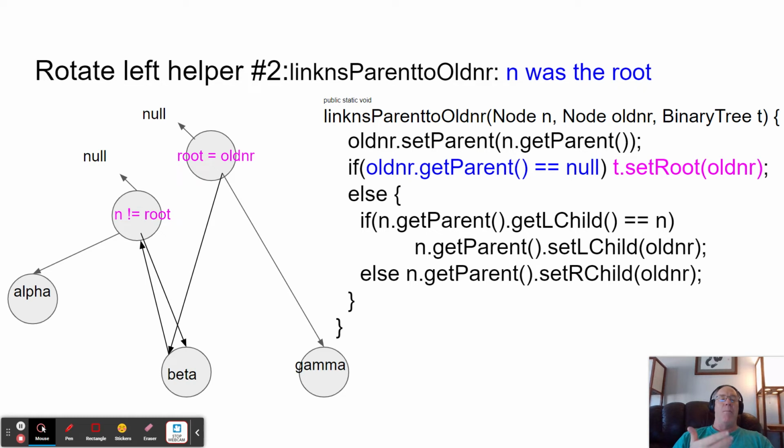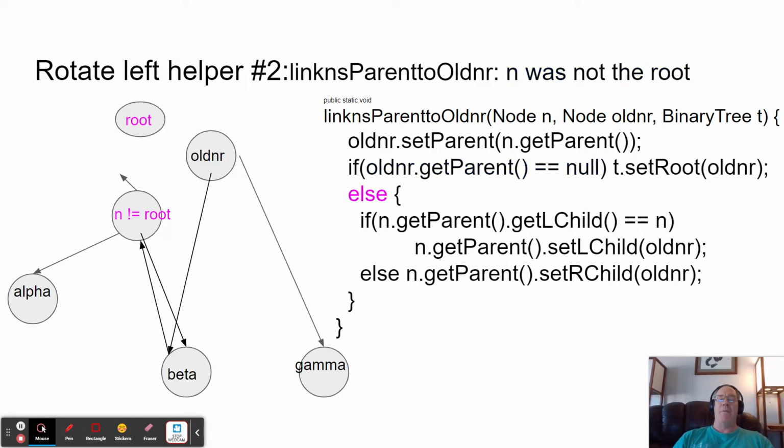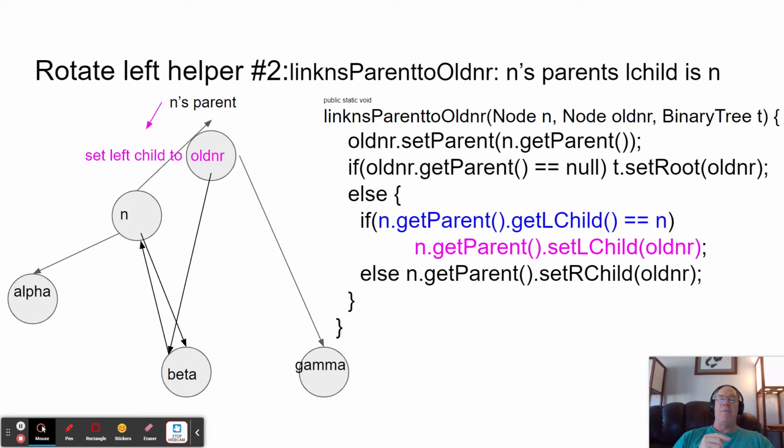Now then, however, if n was not the root, there's two possibilities. First of all, we're going to get the parent of n and check to see whether or not the left child of that parent is n. If the left child of that parent is n, then we're going to set the left child of the parent of n to be old nr.